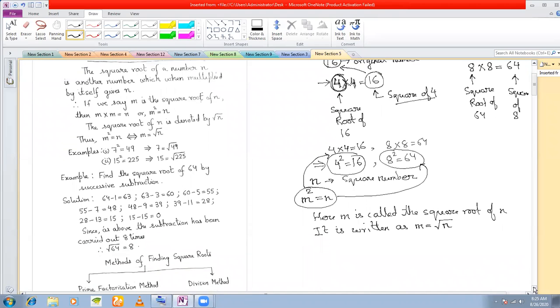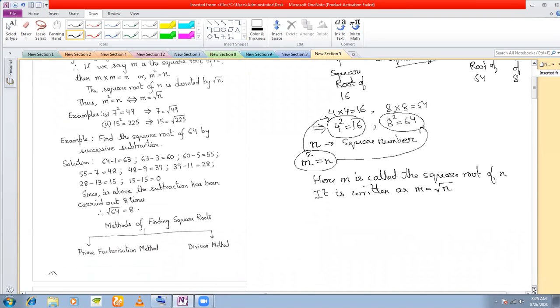Understood? So if I give you m square equal to n, then you can write this as m is equal to square root n. If I give you m is equal to root n, then you can write this as m square equal to n.